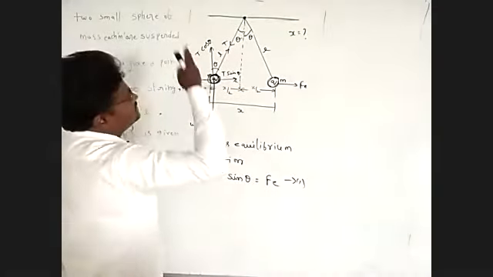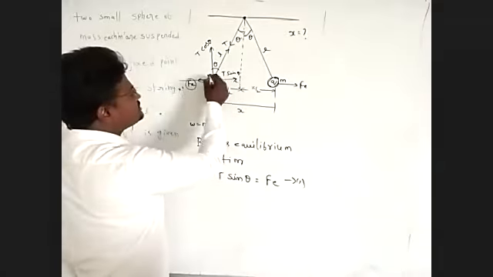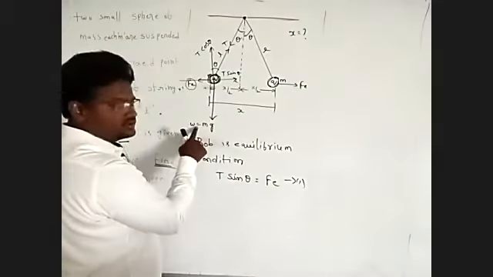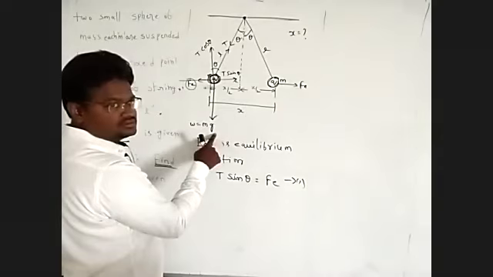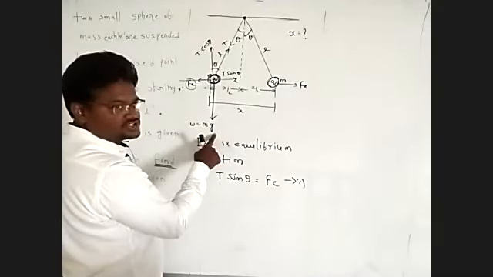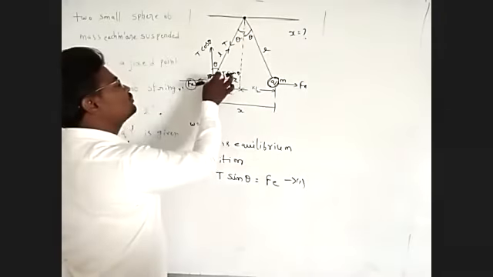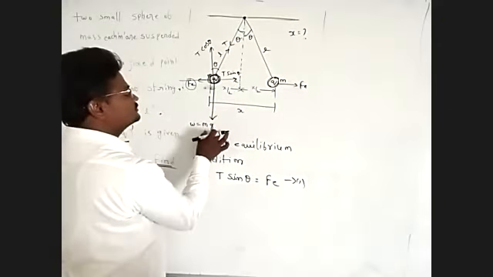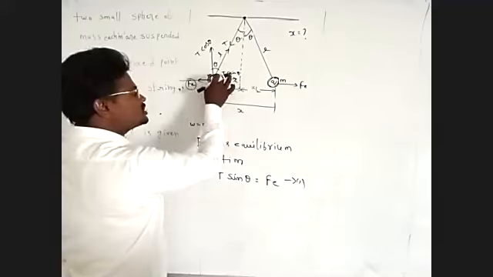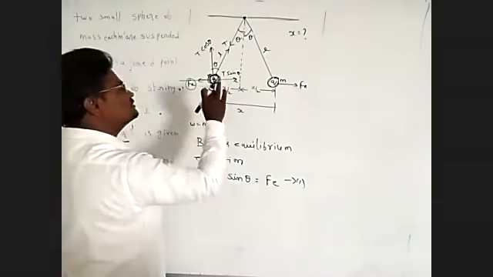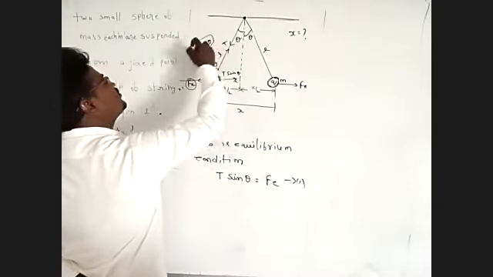Now the vertical forces. This is the weight, mg. Weight acts in the vertically downward direction. This weight pulls the bob downward. At the same time, T cos theta is one more force.